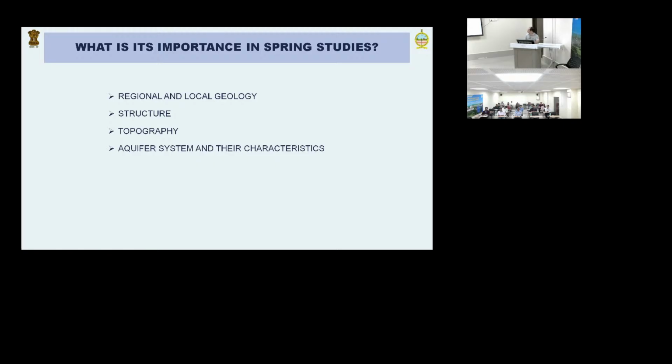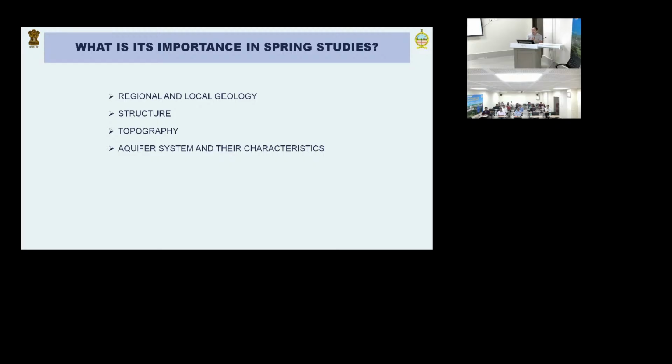So what is its importance in spring studies? Through these hydrogeological studies, we can know the regional and local geology of that particular area, the structure, the topography, and the aquifer system and its characteristics. Why? Because each spring has its own aquifer system.